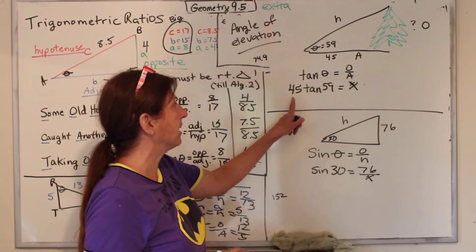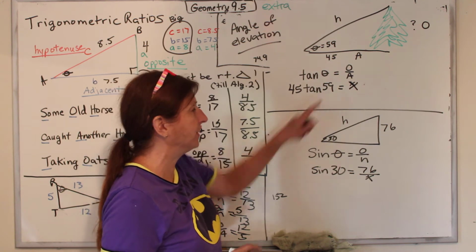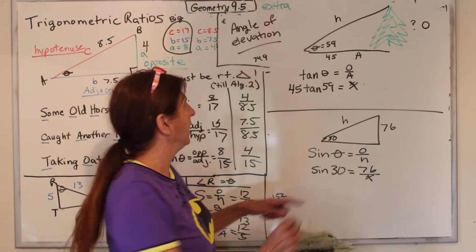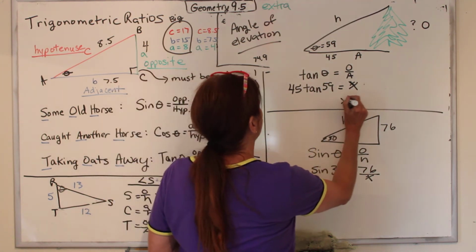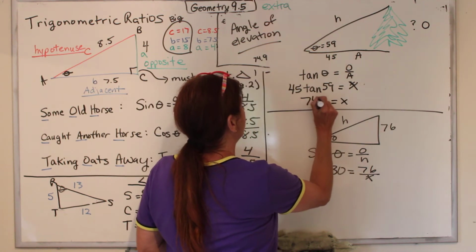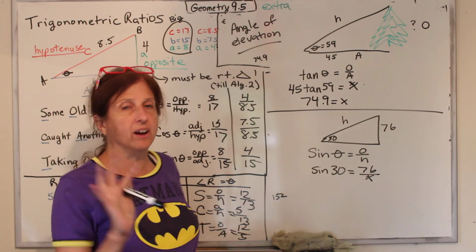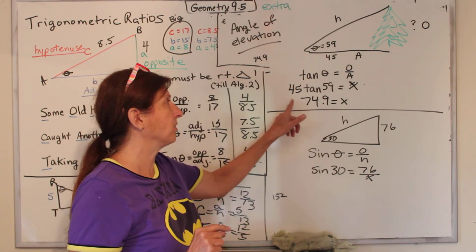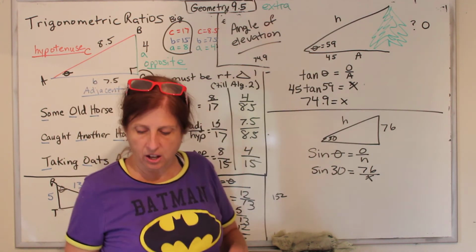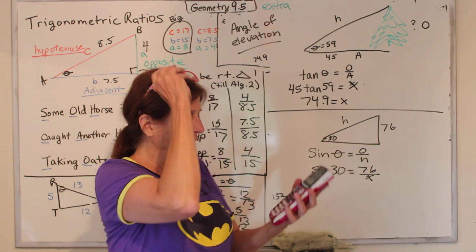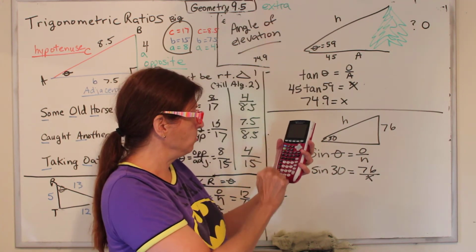All right, so in your calculator, put 45 times tan 59. Enter. And you will find out that that tree is 74.9 feet tall. Now, if you did not get that on your calculator, you need to go to your calculator under where it says mode.